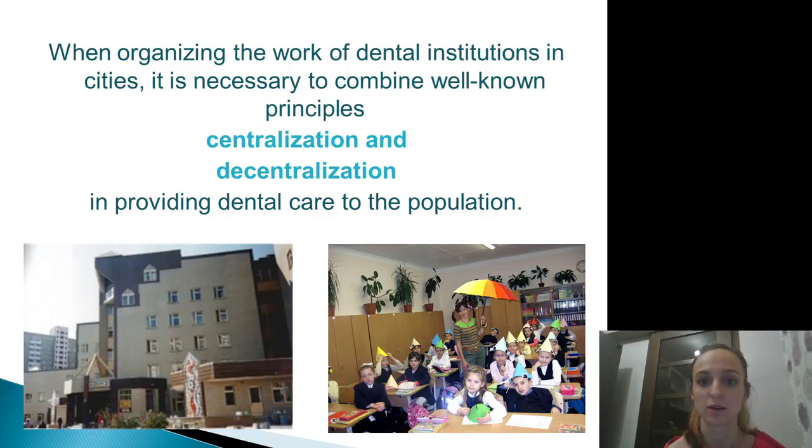When organizing the work of a dental institution in cities, it is necessary to combine well-known principles. The first principle is centralization, and the second principle is decentralization in providing dental care to the population.